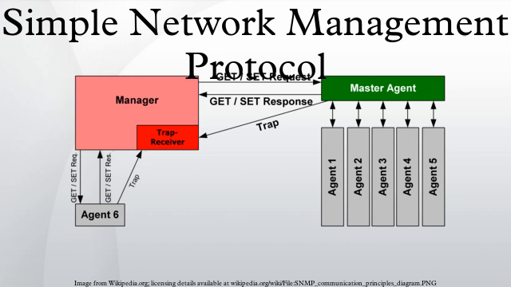The proxy agent forwards GetNext and Set messages to the SNMPv1 agent unchanged. GetBulk messages are converted by the proxy agent to GetNext messages and then are forwarded to the SNMPv1 agent. The proxy agent maps SNMPv1 trap messages to SNMPv2 trap messages and then forwards them to the NMS.